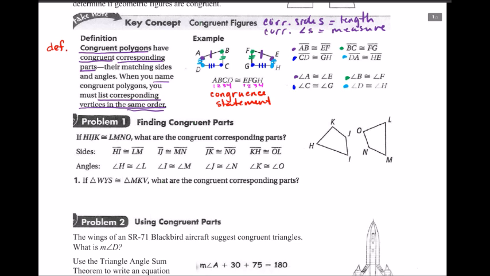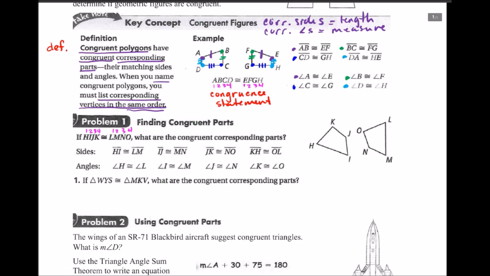Let's look at a problem here. We are told that quadrilateral HIJK is congruent to quadrilateral LMNO, and we want to know what the corresponding parts are. So I am going to mark 1, 2, 3, 4, 1, 2, 3, 4. I'm going to go over here and mark my diagram.